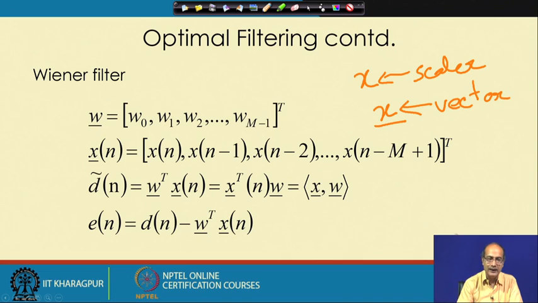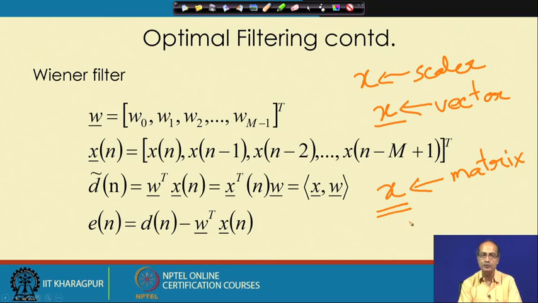And we will have another notation, which we will use a little later: if we write 2 bars, then it will be a matrix. So, we keep it simple, so that we can write it with pen and paper easily and it is unambiguous. Otherwise, sometimes the fonts look very close to each other and we get confused whether it is a scalar or a vector or whatever it could be.